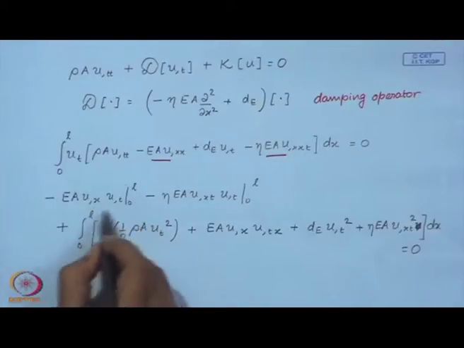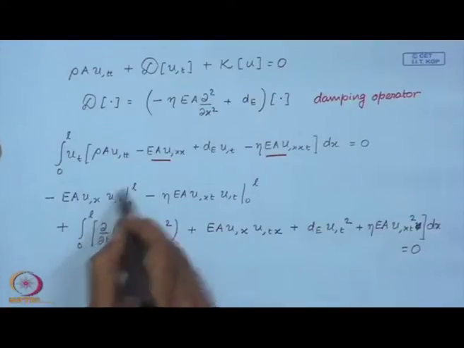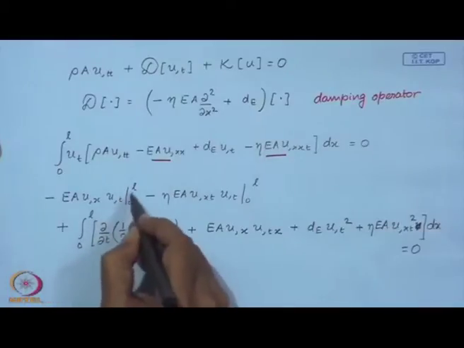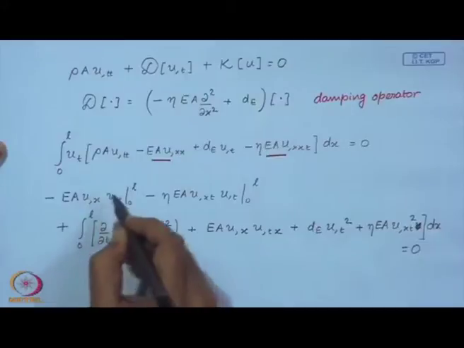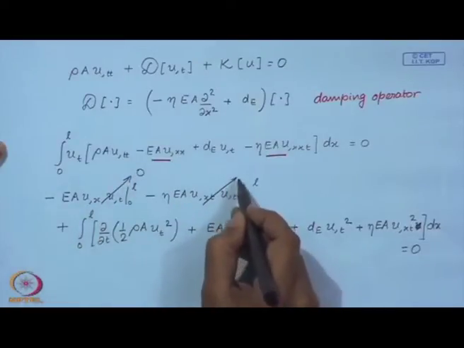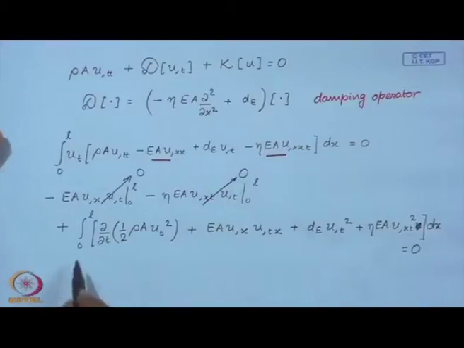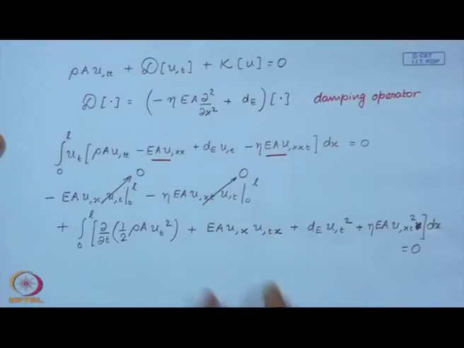now, if you use the boundary conditions that we have, then these boundary terms drop out, because at x equal to 0 the velocity is 0, at x equal to L there is a force free condition. So, this is 0, similarly this is also 0. So, what we are left with is this integral. Here again I can write this term.